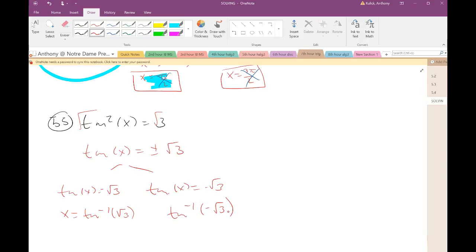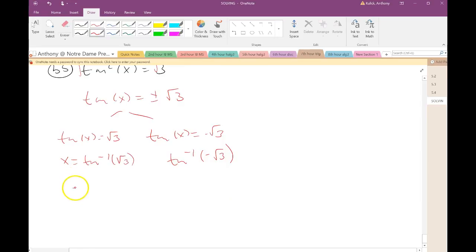Remember that tangent is sine over cosine. So I see at pi over 3 and also at 4 pi over 3, I get positive square root 3. And for negative square root 3, I get that at 2 pi over 3.